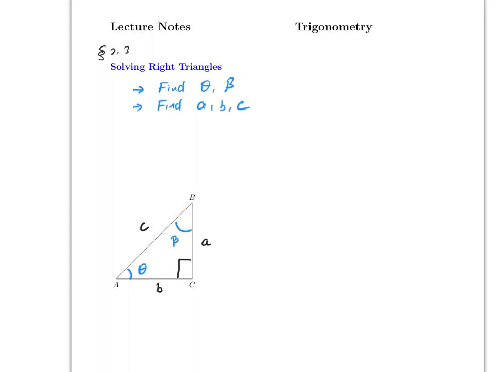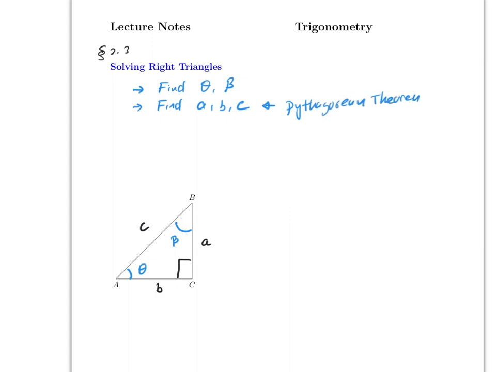Now, you already know how to find all these things depending on how the problem looks or what information they give you. If they give you A and B, you can find C. If they give you B and C, you can find A, and so forth, using the Pythagorean theorem.